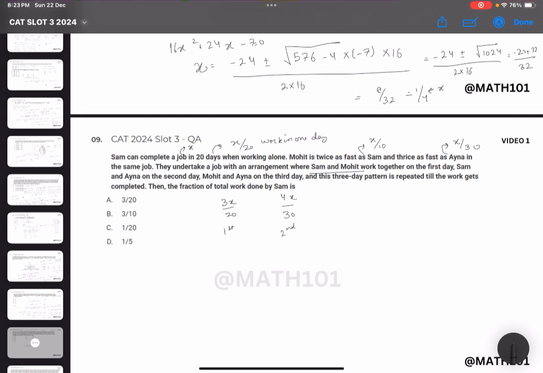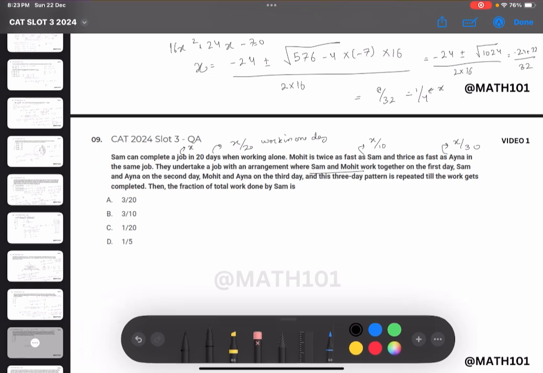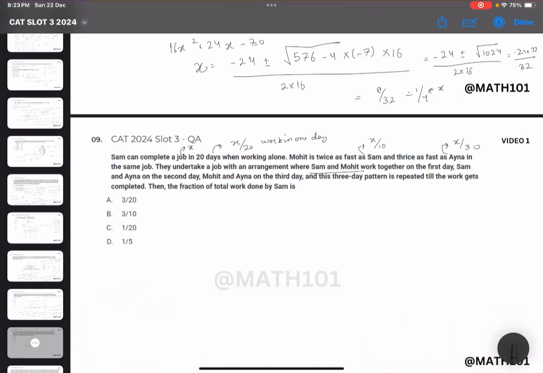third day. Wait, I made a mistake here. Sam does x by 20 and Mohit does x by 10. So Sam and Mohit work together on the first day, 3x by 20 work is done.